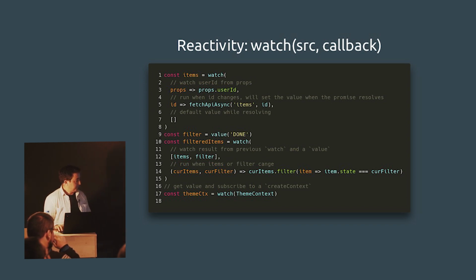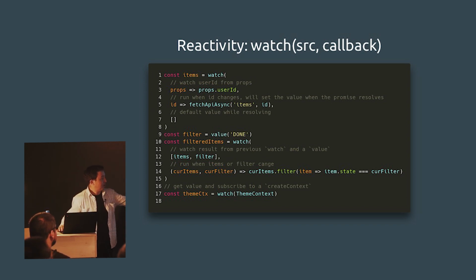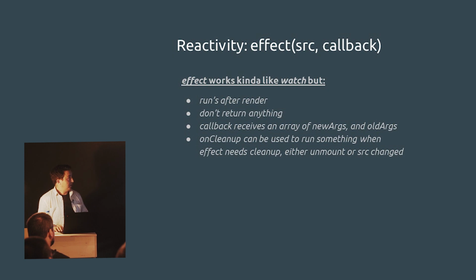Here's just an example of how you can watch a simple value from a context created with createContext. So effect works the same way watch does, but it doesn't have any value. It's just a void function.